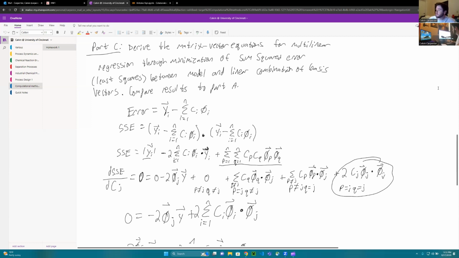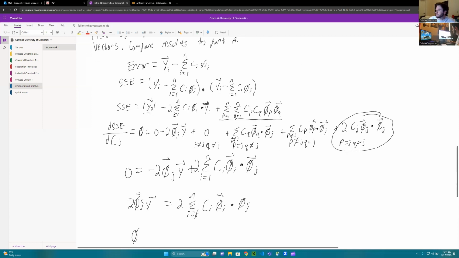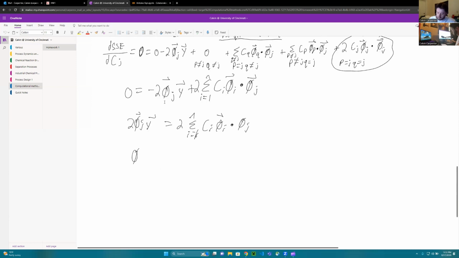Sorry, I need to scroll down. phi j y is equal to the summation i equals 1 to n of ci phi i phi j. And so this equation is going to be the equation for all terms.